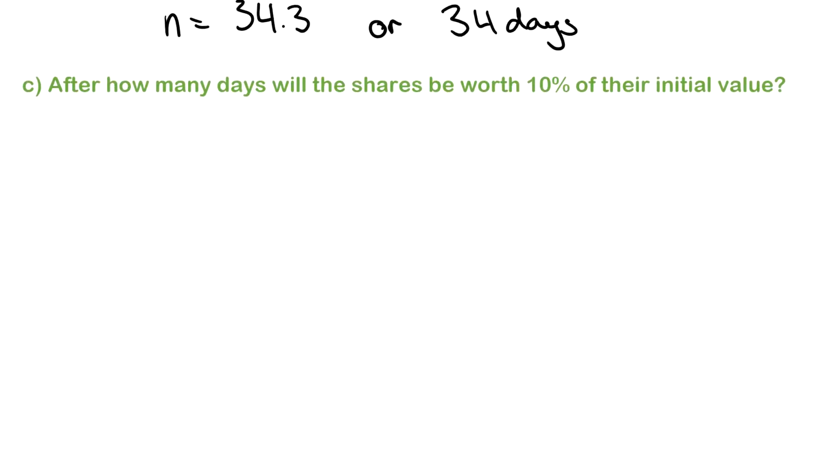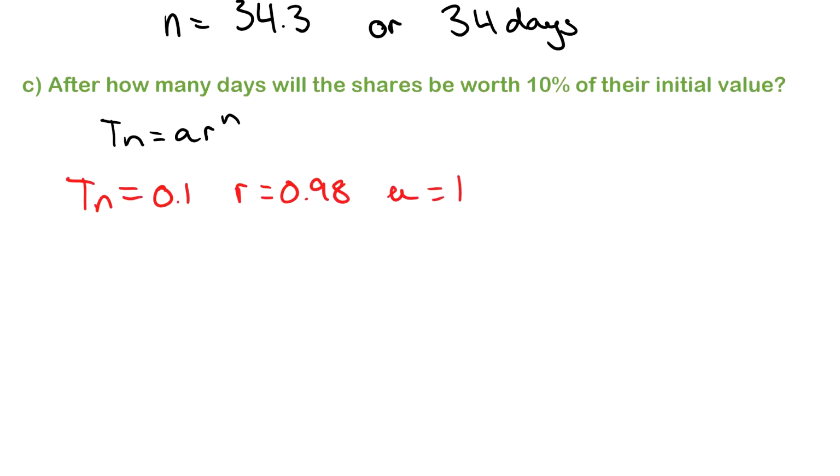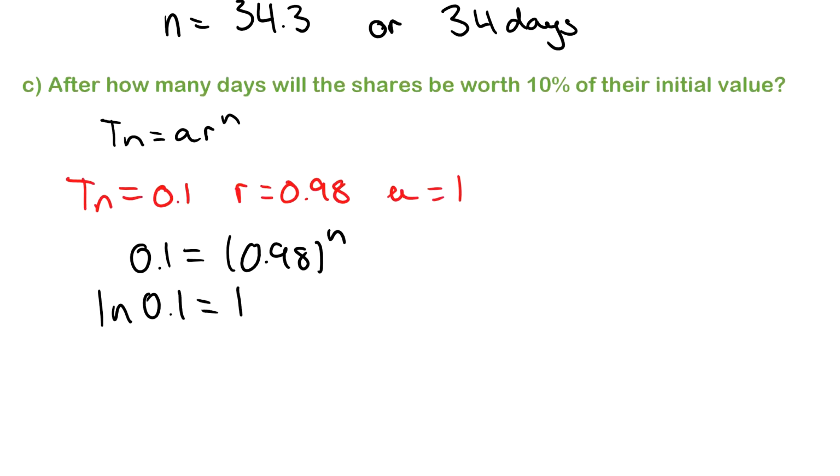Now we're looking at part C. After how many days will the shares be worth 10% of their initial value? This is very similar to what we just did. Tn = ARⁿ, and in our example Tn is 0.1, which is 10%. R is still 0.98, A is still 1, and we're trying to find N. So 0.1 = 0.98ⁿ. We use our natural logs again.